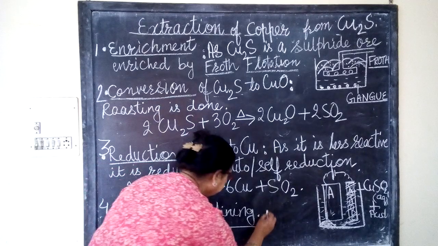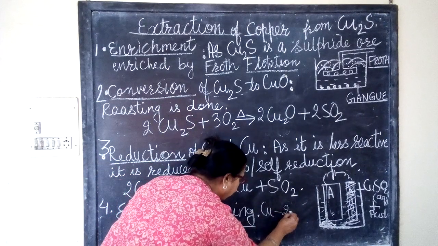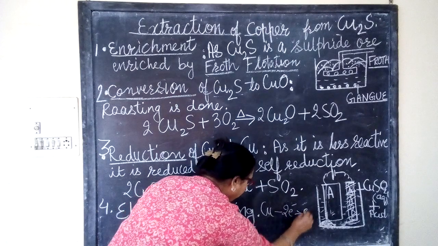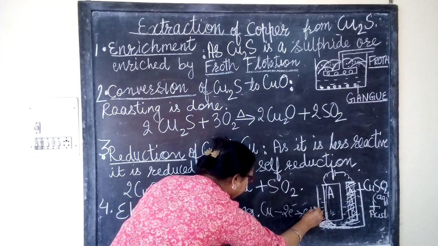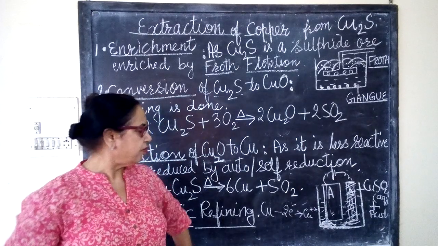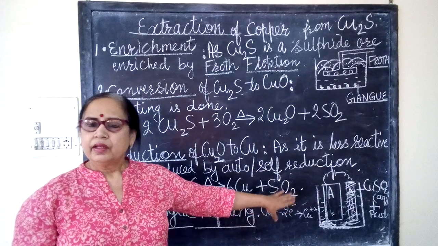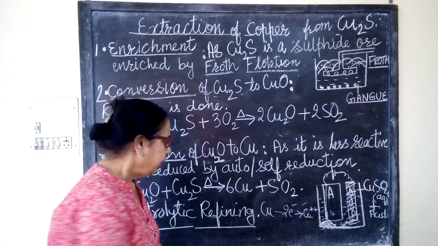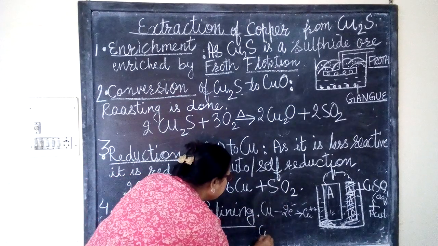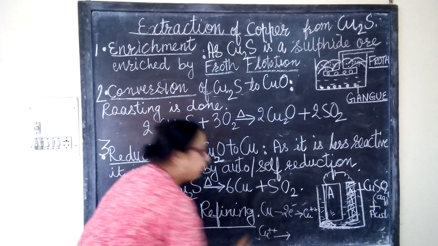At the anode, copper loses 2 electrons and forms copper ions, Cu2+. Loss of electrons is taking place at the anode, so we say oxidation is taking place. Now these copper ions move to the cathode.